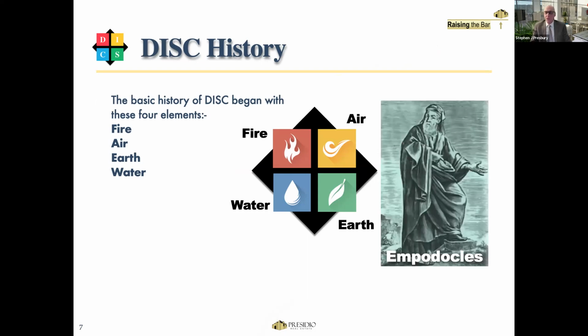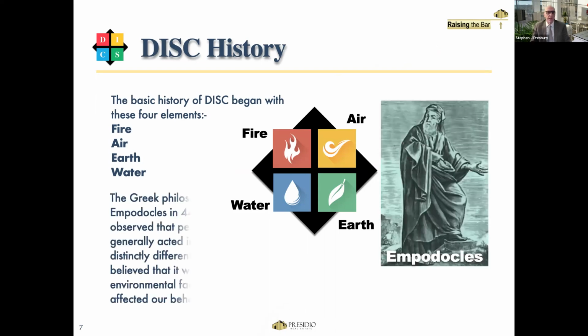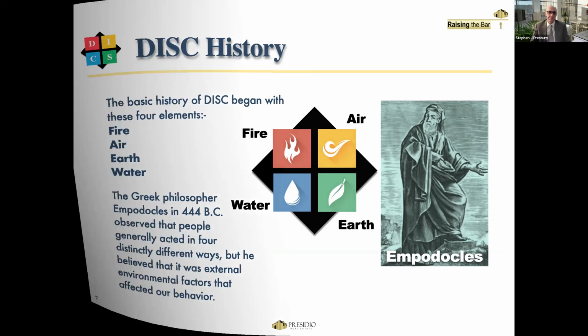If we go back as far as Empedocles, right back in 444 BC, this Greek philosopher observed that people generally acted in 4 distinctly different ways, but he believed that it was all external environmental factors that affected our behavior. So he basically worked on what was happening outside of us that would change or moderate the way in which our characters would operate from within.